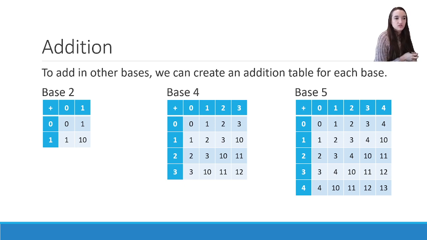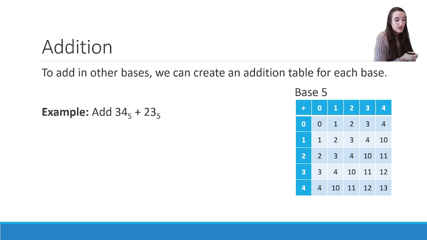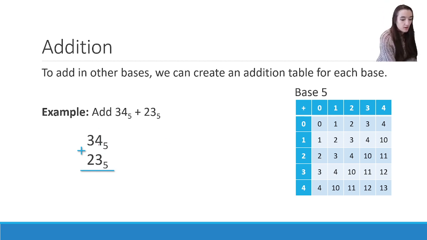Having those tables can help us do addition. I will show two methods of this. If I want to add 34 base 5 plus 23 base 5, we add up and down the same way we do with long addition in base 10. I start by adding 4 plus 3 like normal. 4 plus 3 is 7, but I'm not going to use the number 7 because 7 is not part of base 5.